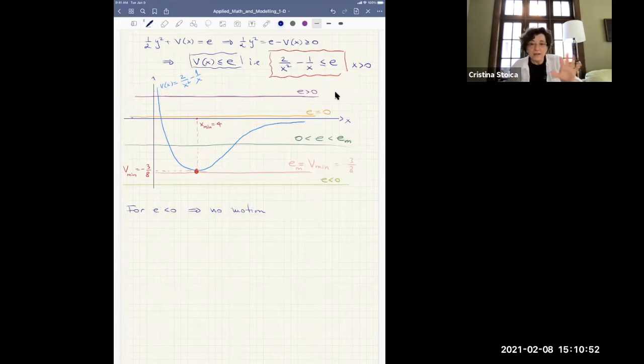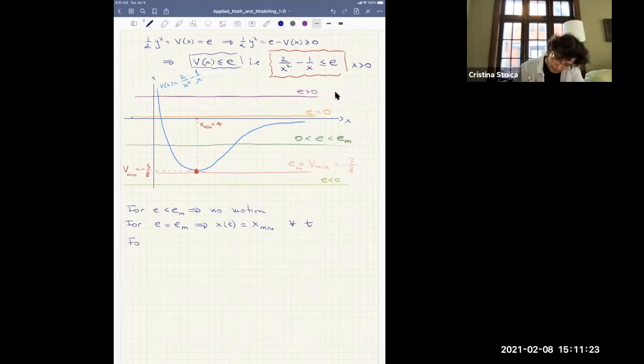So for E less than EM, there is no motion. For E equals EM, there is one value of x allowed, and it's just the same one no matter what. We will have x of t equals x min for all t, because there is no other freedom there to move around.